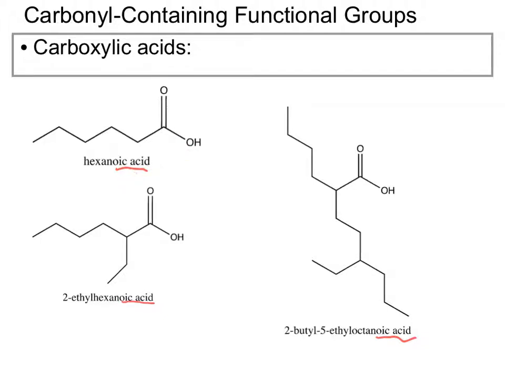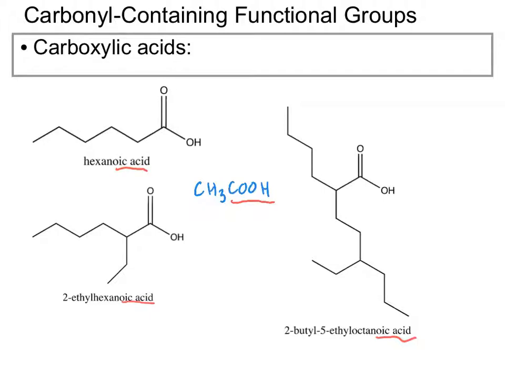Something to be aware of is that if you are looking at a structure of a compound written out, for instance, if you see a formula CH3COOH, COOH is quite often an abbreviation that is used to signify that is a carboxylic acid.